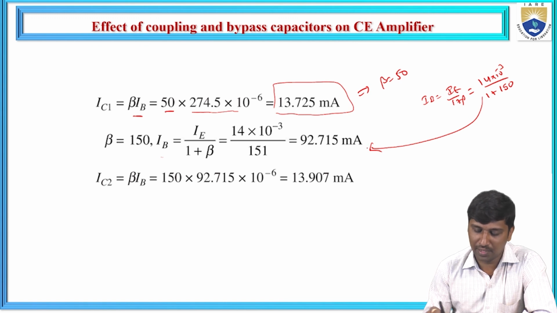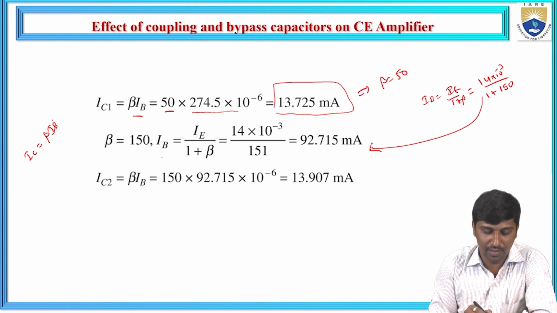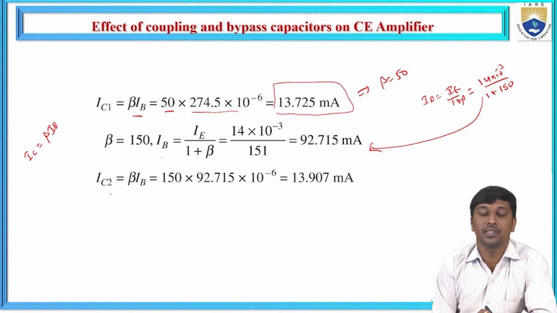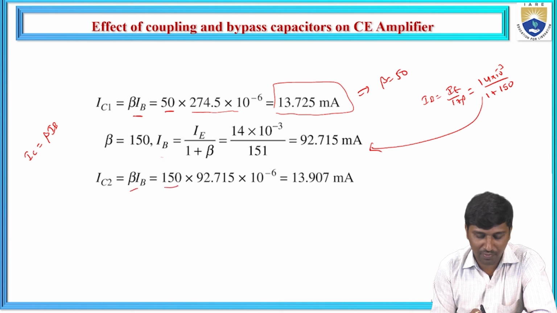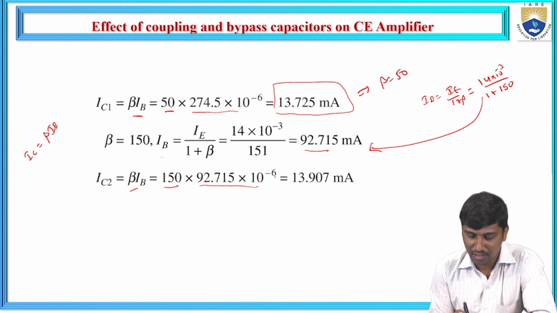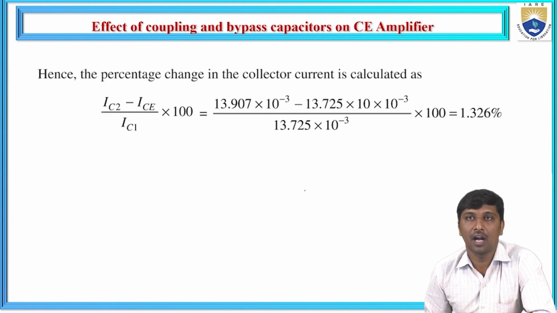Now we calculate using the standard expression IC is equal to beta times IB. Here beta is 150 and IB is 92.715 into 10 to the power of minus 6, so it becomes 13.907 milliamperes.